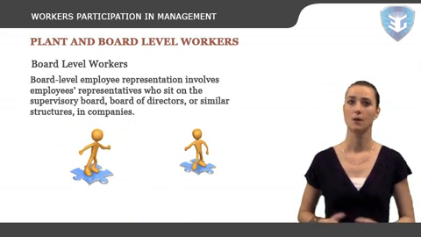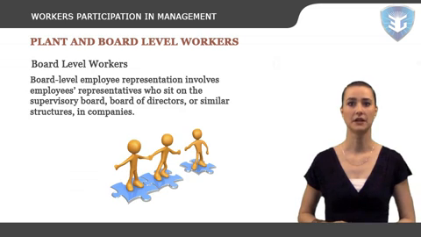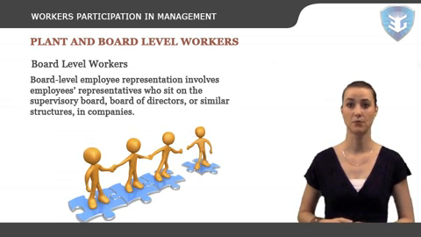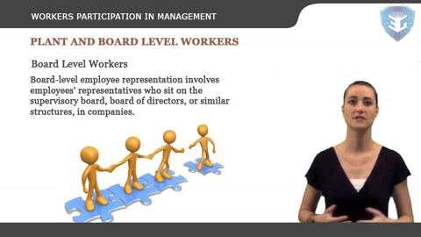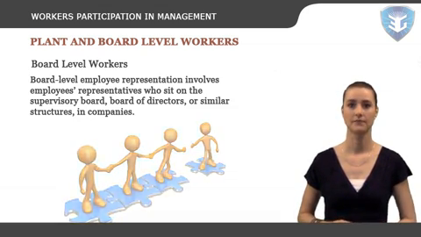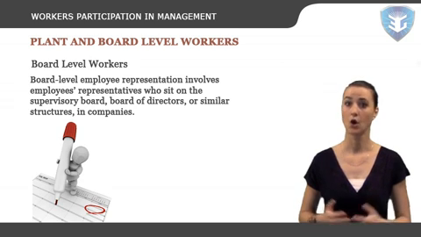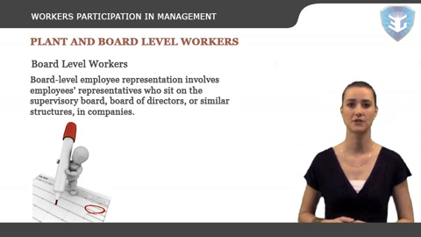Board-level workers. Board-level employee representation involves employees' representatives who sit on the supervisory board, board of directors, or similar structures in companies. These employee representatives are directly elected by the workforce or appointed in some other way, and may be employees of the companies, officials or organizations representing those employees, or individuals considered to represent the employees' interests in some way.